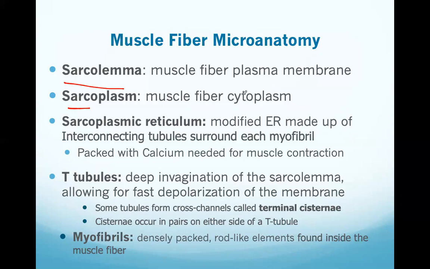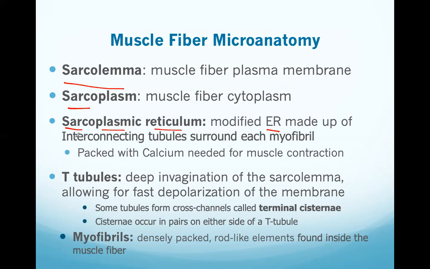This is new, but also something we have learned before. When we looked at the cell structures, one of the first things we talked about was endoplasmic reticulum, or ER, which we divided into rough ER and smooth ER. So in case of muscle, we have a specialized ER, which is called sarcoplasmic reticulum. Instead of saying endo, we're just replacing it with sarco, which implies we're talking about muscle.